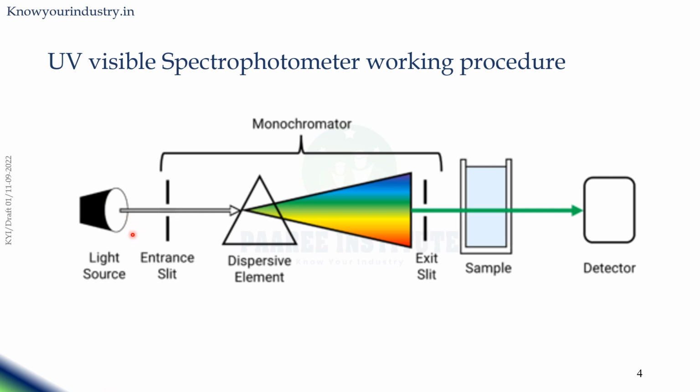It starts with a light source from which light will be emitted through an entrance slit, and then this light will be dispersed through a dispersive element, and the dispersed light will exit through another slit, and then it will be passed through the sample, and finally the light, after passing through the sample, will be detected by the detector, and this entire section from the entrance slit to the exit slit comprises the monochromator.